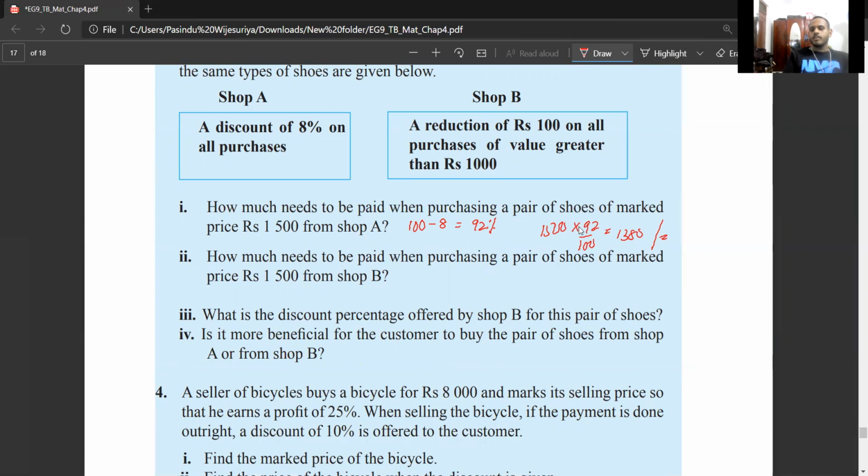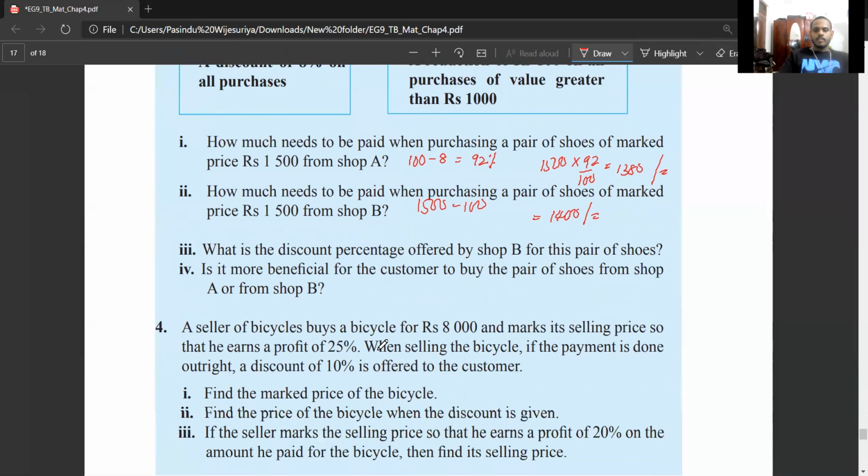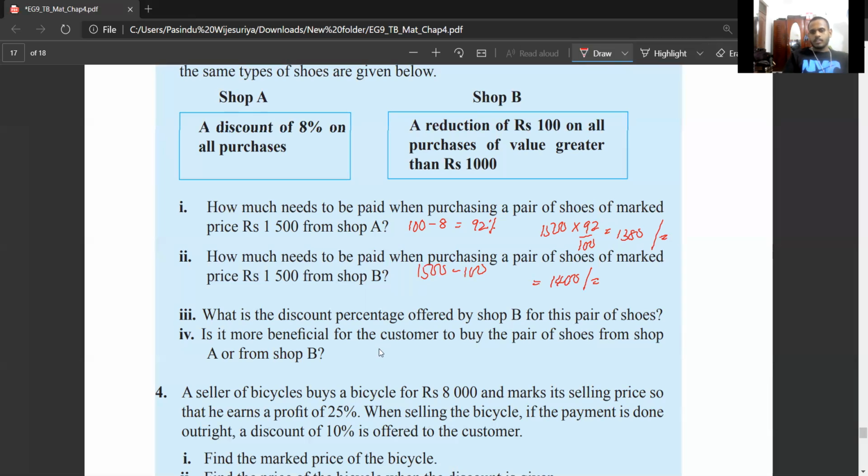How much needs to be paid when you're purchasing a pair of shoes marked 1500 in shop B? එතකොට කෙලින්ම 1000 පැන්නම 100ක discount එකක් කියන්නේ 1500 minus 100. Simple as that. 1400. If you all see, you can see that you're buying a 1500 rupee pair of shoes from each shop, but you will be paying a lesser amount when you buy from shop A. What is the discount percentage offered by shop B for this pair of shoes?